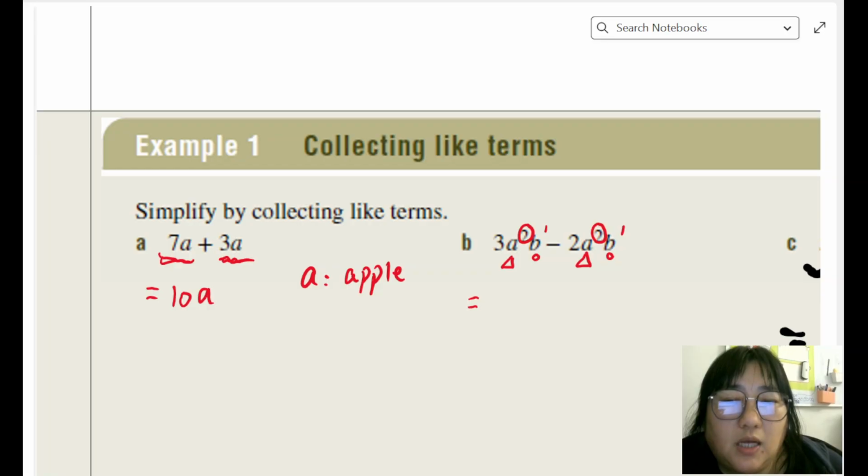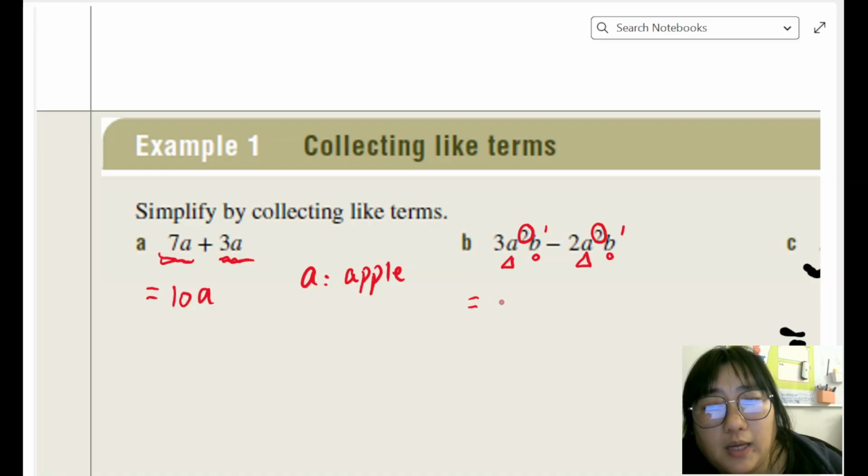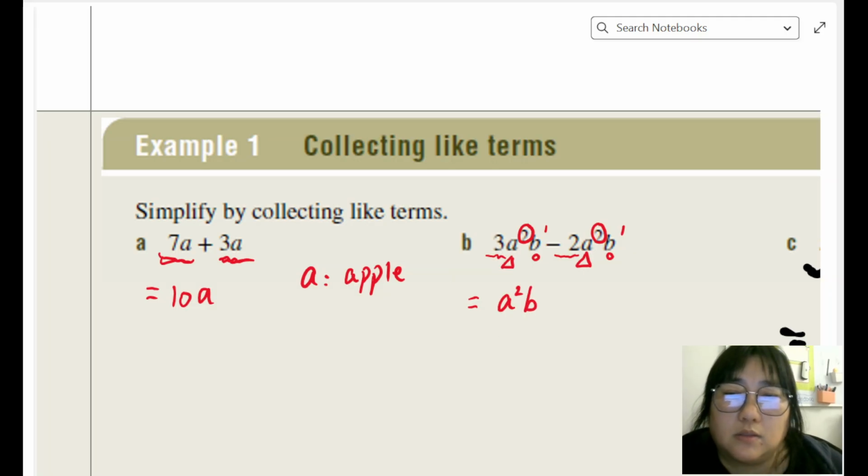So that means they have the same algebra format: same letter A, power 2, same letter B, power 1. Then we can add them together. We just use the coefficients and combine them. So 3 take 2 means 1 lot of A squared B. So that is the answer.